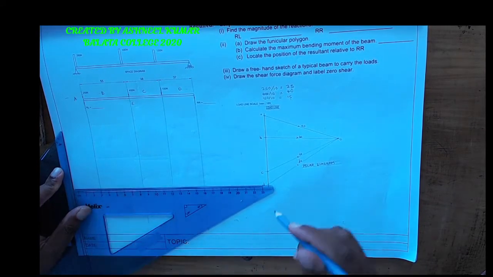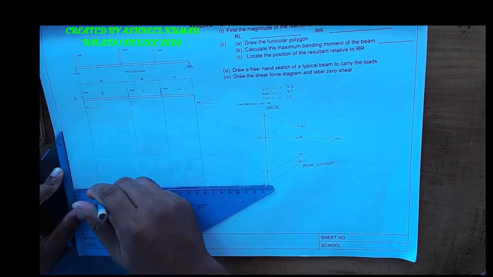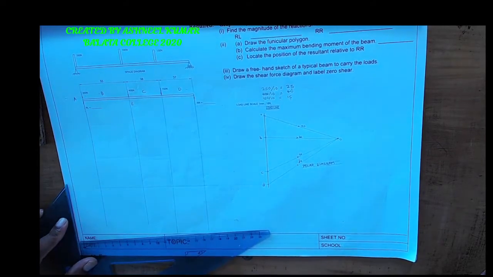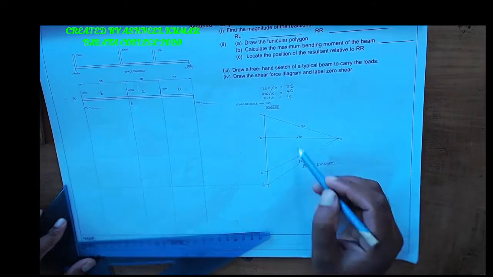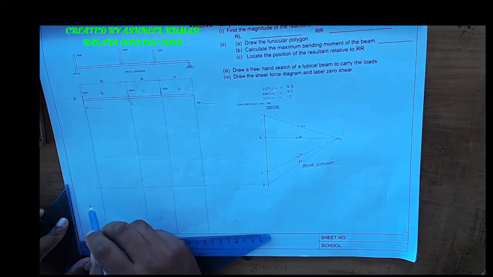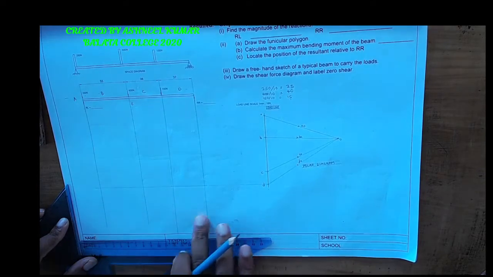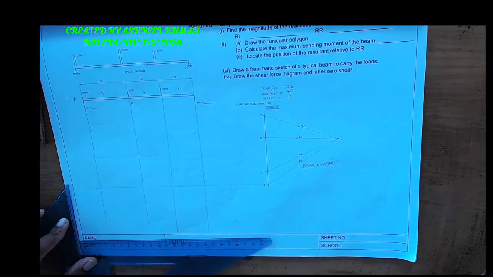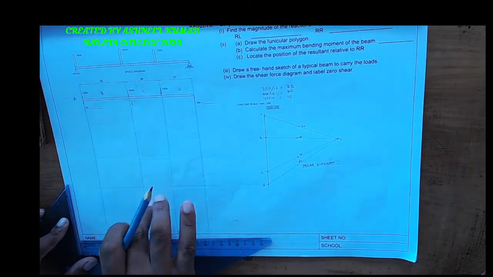Right, so D is the last point there. This means your shear force diagram is going to finish there. So when I draw my funicular polygon, I can draw anywhere at that place. This is the space that I have for the funicular polygon. You can also start there, but your diagram is going to be complicated.